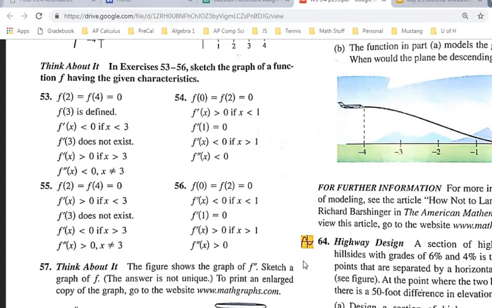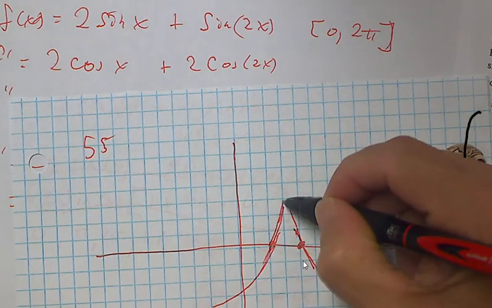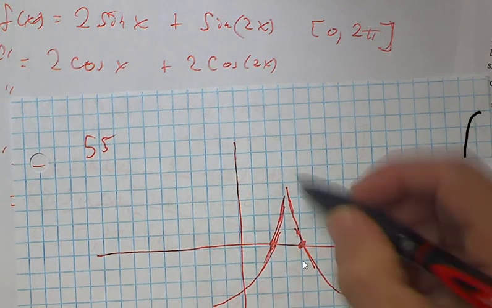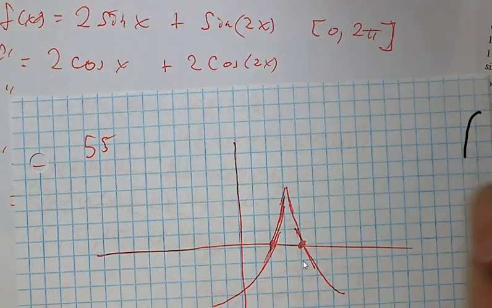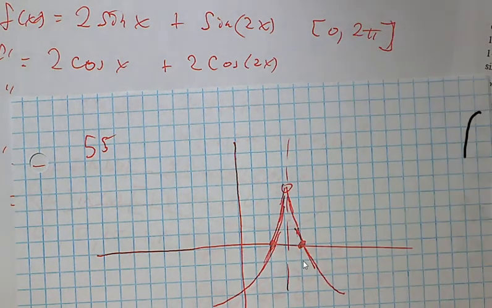It's either going to be a hole, a cusp, or an asymptote. Any of those 3 are possibilities. There's nothing here that tells us for sure what's going on. But it's coming up like this. It could be a cusp, could be a hole, could be an asymptote.